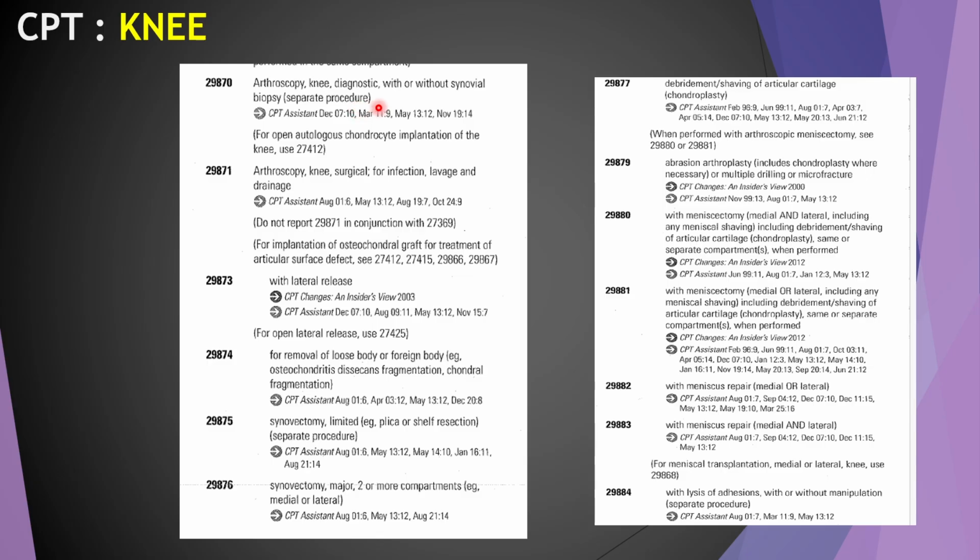He will create a small incision or portal and insert an arthroscope into the knee joint and examine all compartments. The knee compartments are medial, lateral, patellofemoral, and so on. He will examine all those compartments while inserting the arthroscope.